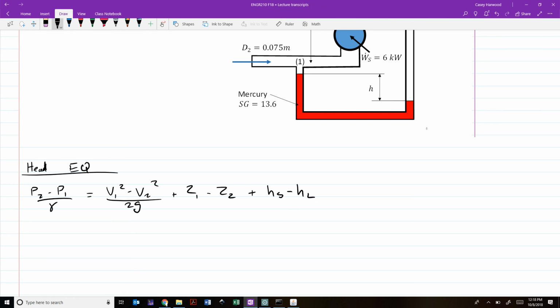Okay, so I've taken the head equation and reorganized it a little bit because, like I said, our objective would be first to find P2 minus P1.